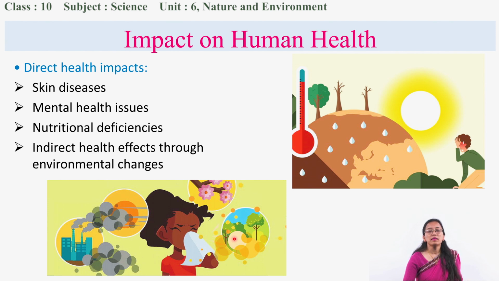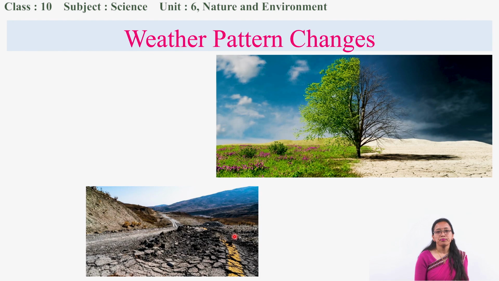Previously we didn't hear about cancer, but nowadays we are hearing about different kinds of lung cancer, stomach cancer, skin cancer, so many types of diseases. How are these occurring? These kinds of indirect health problems are also promoted by climate change.